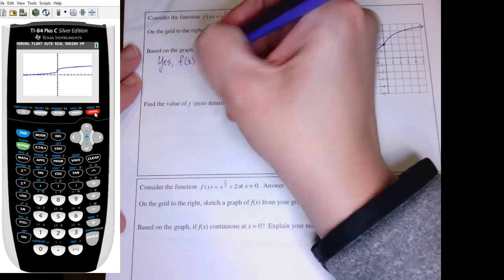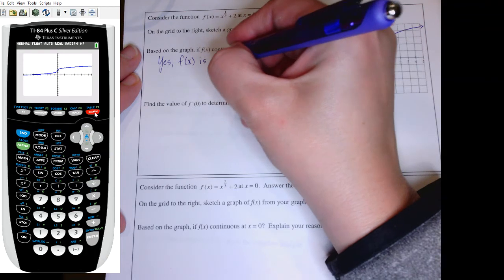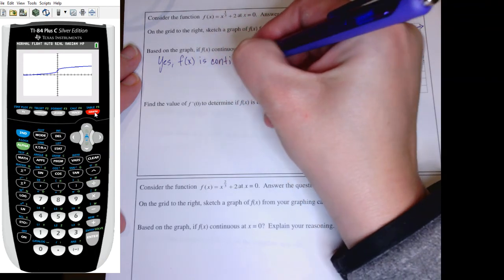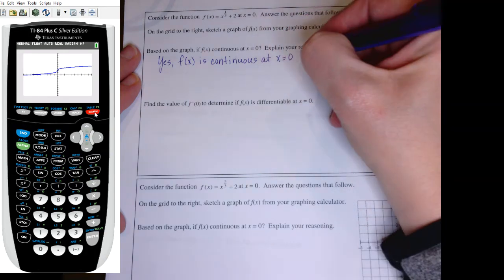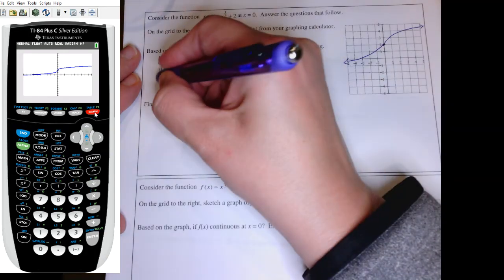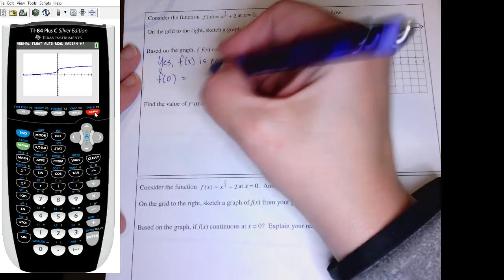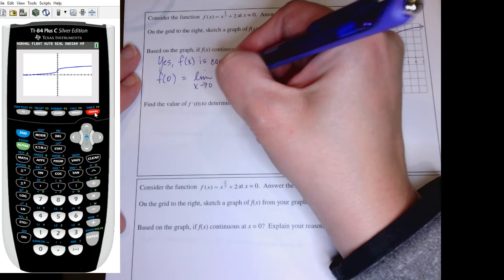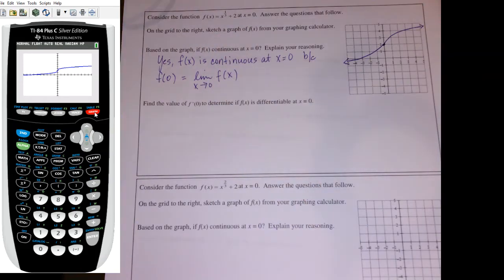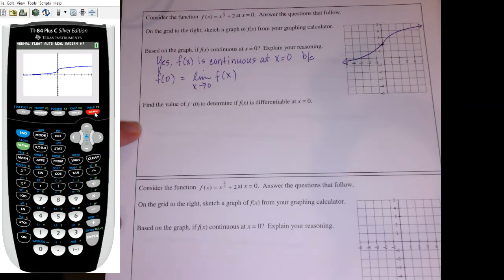F of x is continuous at x equals 0 because f of 0 equals the limit as x approaches 0. So remember, your continuity definition says the function must exist, the limit must exist, and the function and the limit must be equal. Now let's find the derivative.